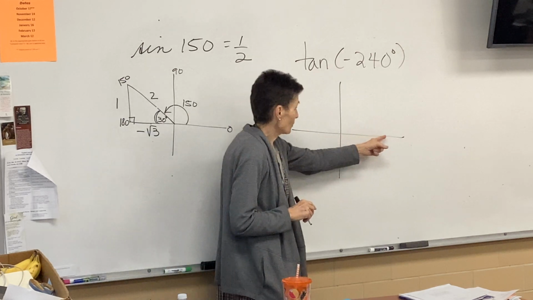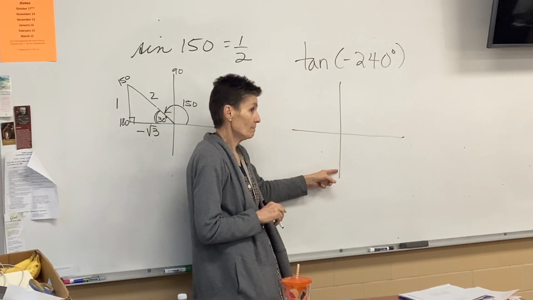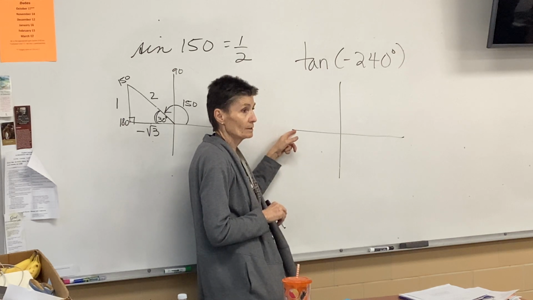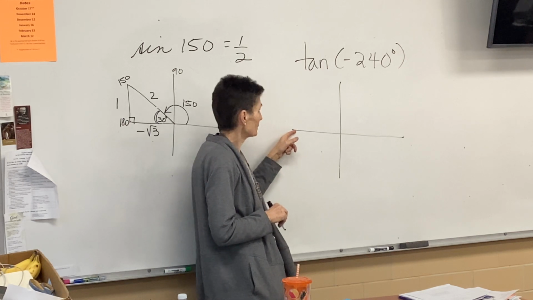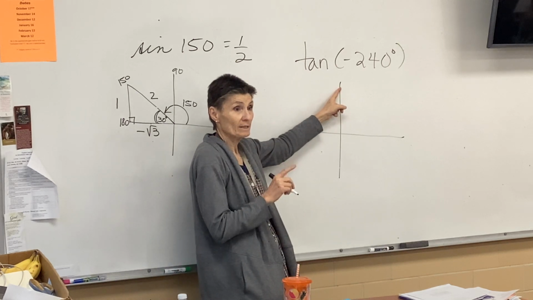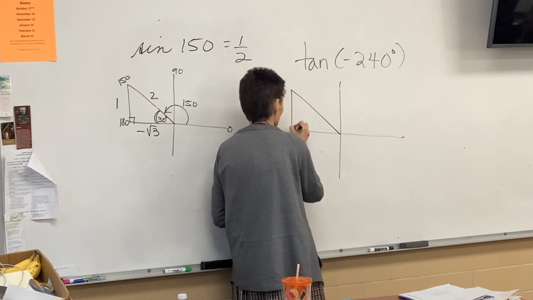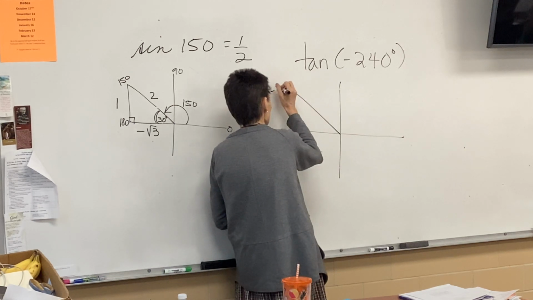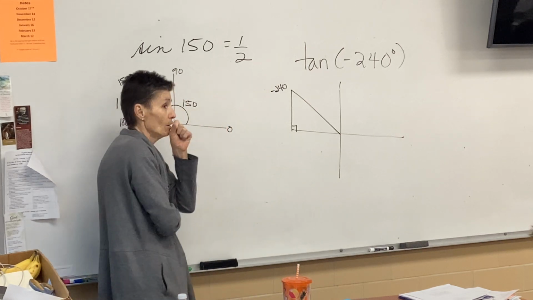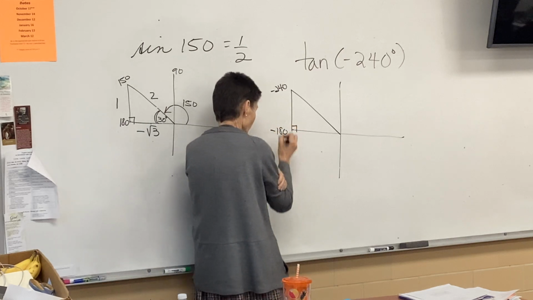Here to here would be negative 90, and then to here would be negative 180, and to here would be negative 270, too far. So aren't I here again? This is negative 240. This was negative 180.